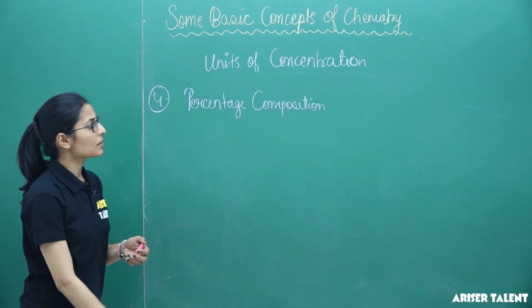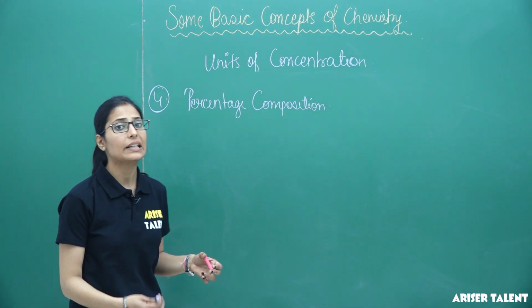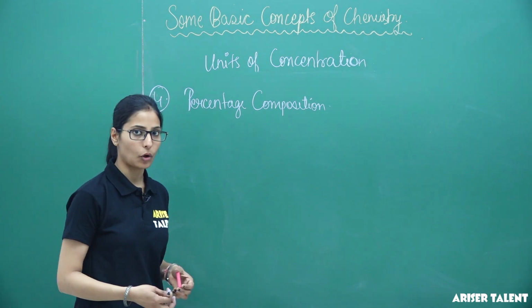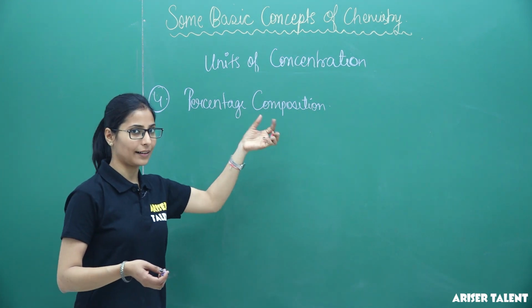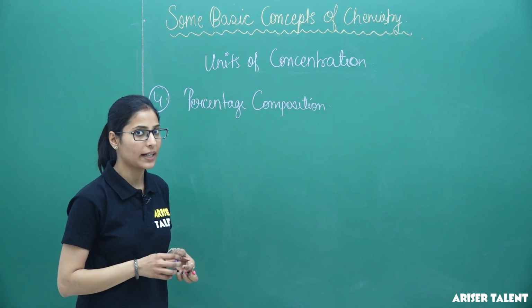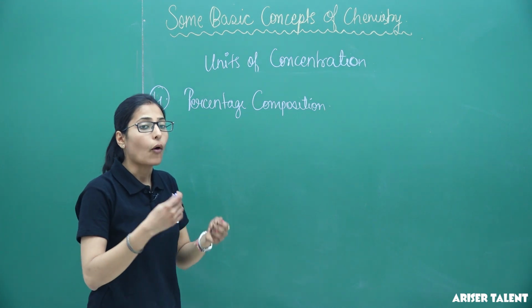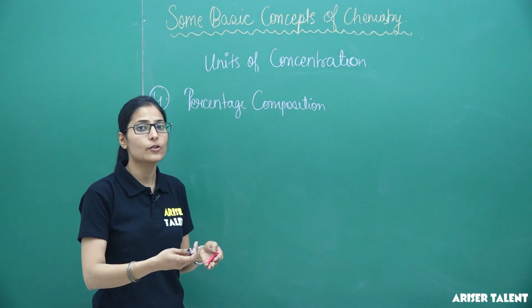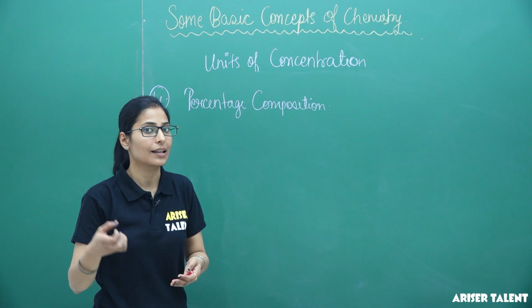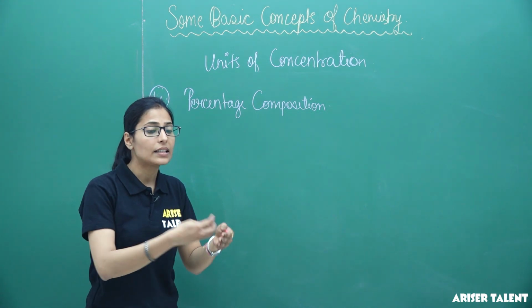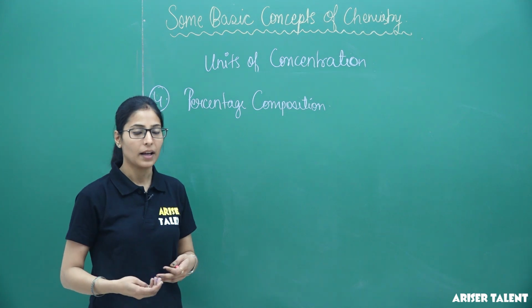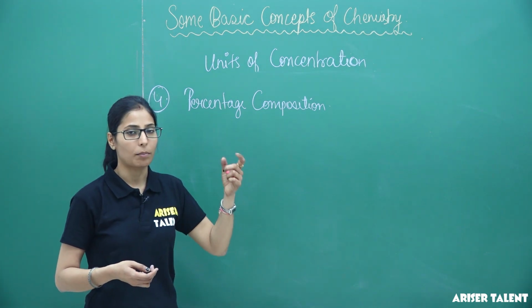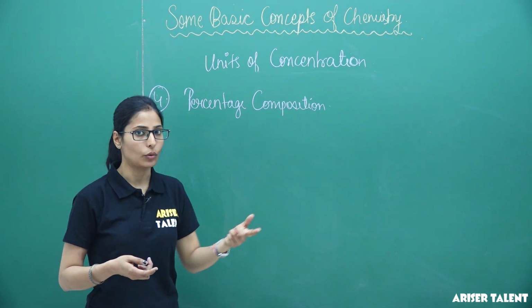Again, this percentage composition can be given in terms of the mass and in terms of the volume. The name itself is self-expressing. It is saying how much percentage of a solute is present in a solution. This percentage can be given in terms of mass and in terms of volume, as we have already seen in topics like mass analysis and volume analysis.